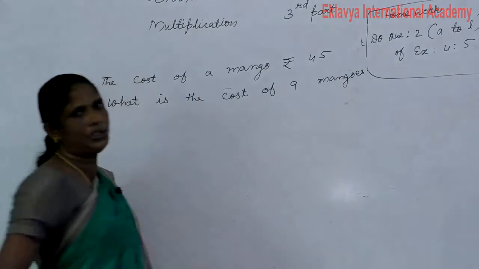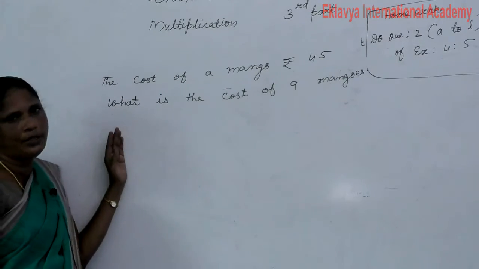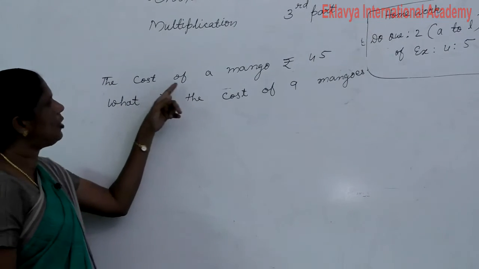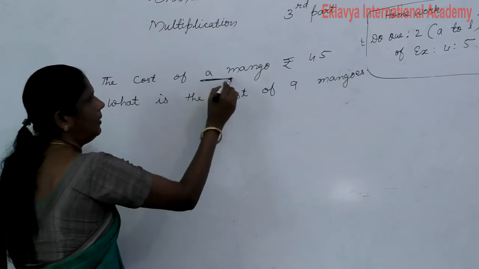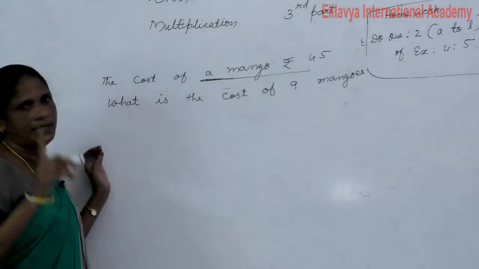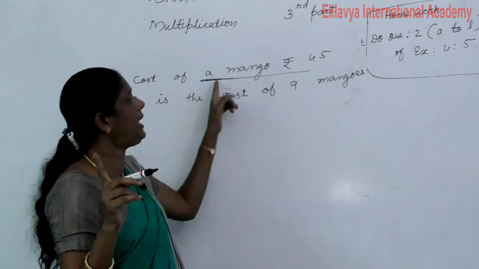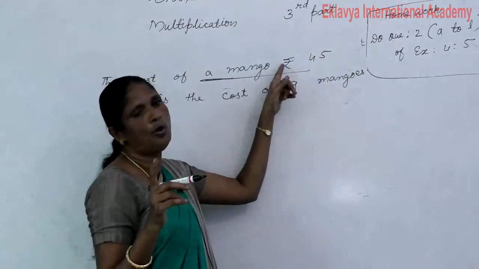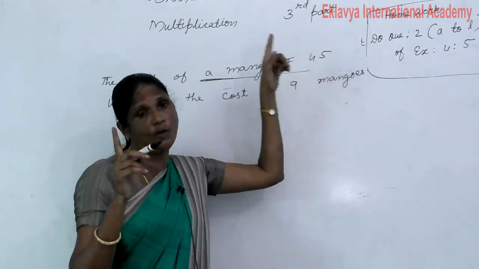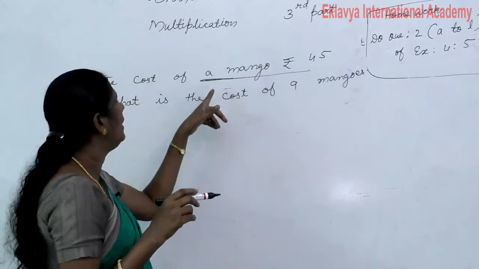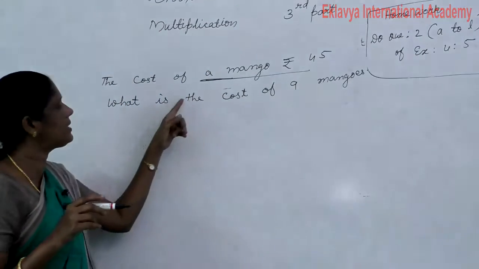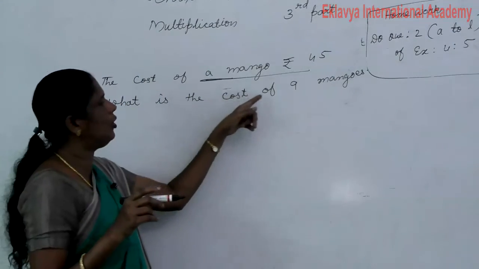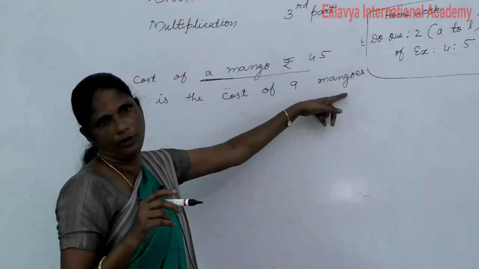Question. First you read the question. The cost of a mango. A means ek mango. The cost of a mango is rupees 45. The cost of one mango. Then what is the cost of 9 mangoes?